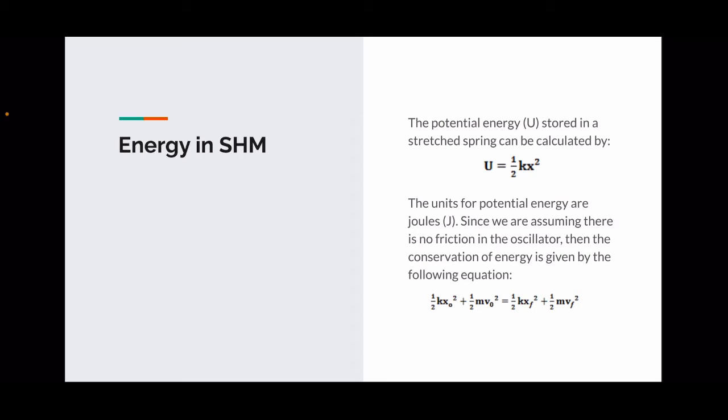The equation is 1/2 kx squared plus 1/2 mv squared is equal to 1/2 kx1 squared plus 1/2 mv squared.